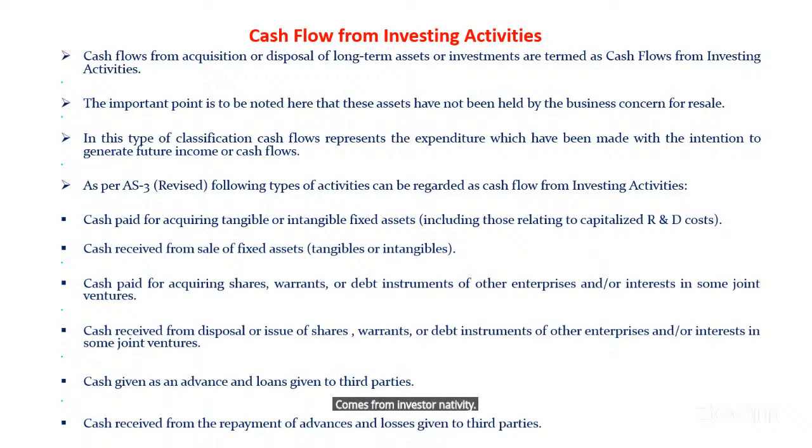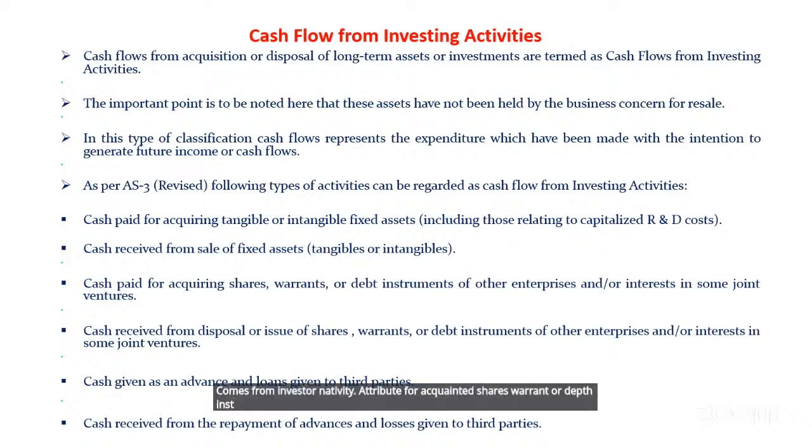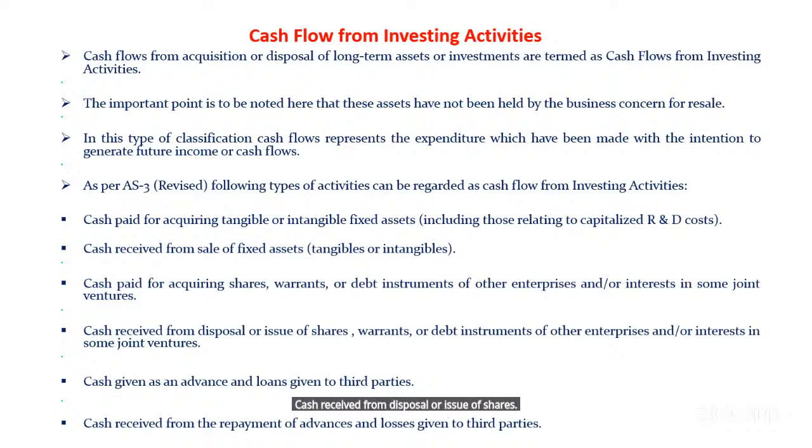Cash paid for acquiring shares, warrants, or debt instruments of other enterprises and interest in joint ventures is also cash flow from investing activities. Cash received from disposal or issue of shares, warrants, or debt instruments of other enterprises and interest in joint ventures is also cash flow from investing activities.